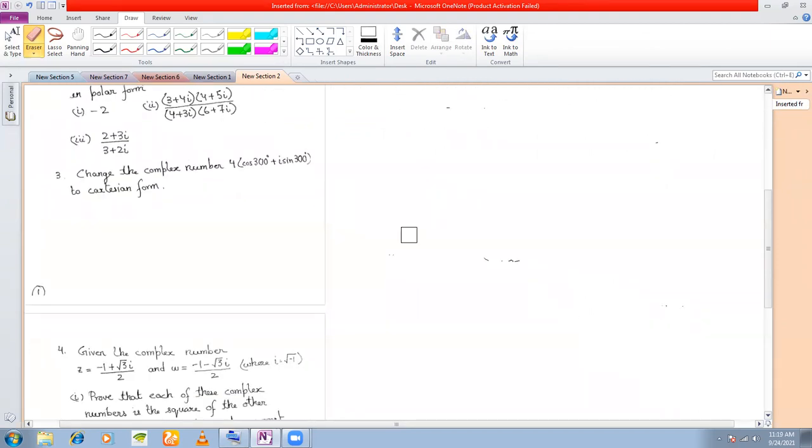Number 3 is very easy. From polar representation, you can write the usual representation very easily. Let z is equal to 4 (cos 300 degree plus i sine 300 degree). You need to write this in the usual representation.